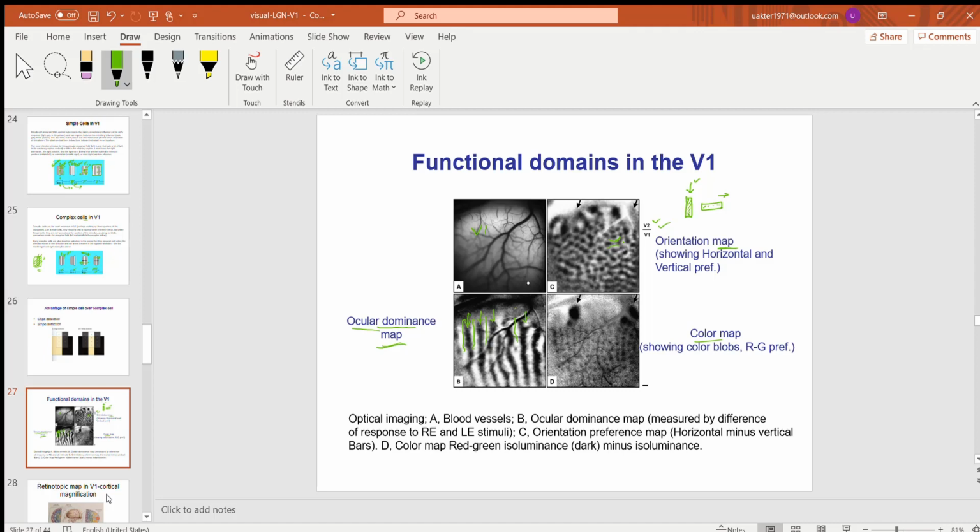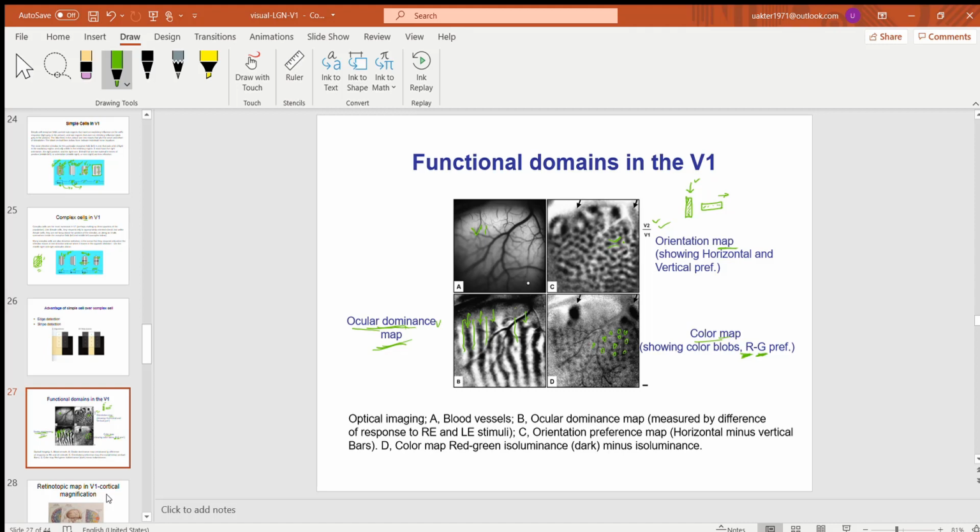Color maps: when they presented red and green, when they presented the red color, certain blobs were activated. The blobs are composed of color-sensitive cells, and when they presented green, other blobs were activated. So you have blobs for the red and green colors.